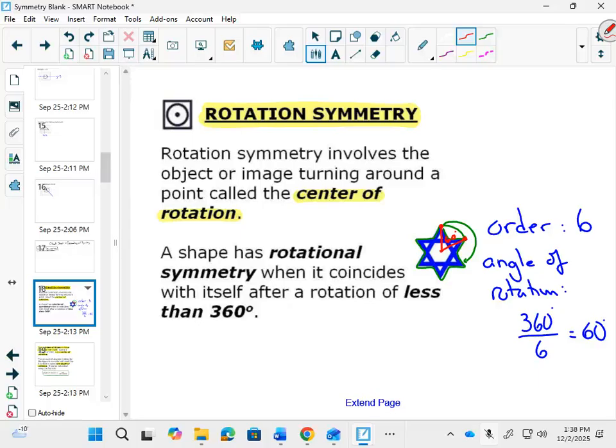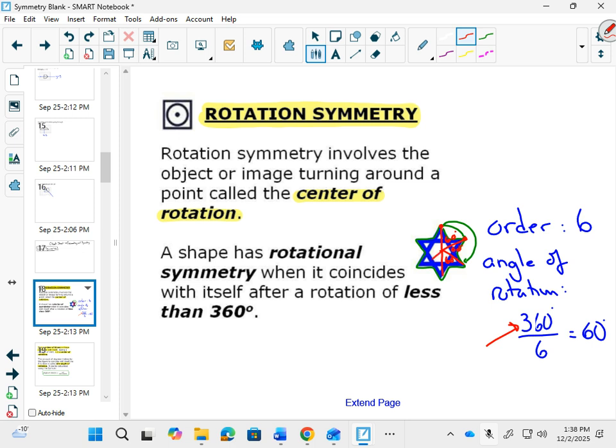Do you know why the formula has 360 in it? Because a whole circle's 360 degrees. Check this out. 60 plus 60 is? 120 plus 60 is? 180. Does that make sense? We're halfway around.